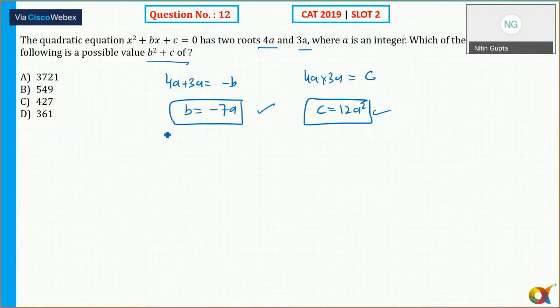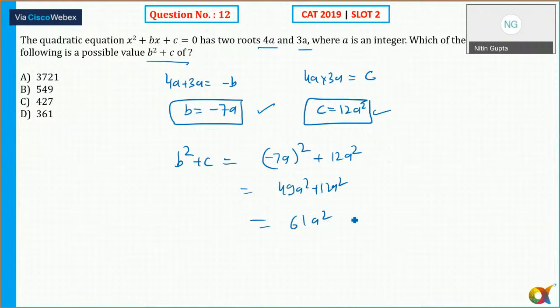Now we need to find out the value of b square plus c. So this is equal to minus 7a whole square plus c, which is equal to 12a square. Remember, a is an integer. So I'll get 49a square plus 12a square, that is 61a square. So we have 4 options, and you can check with the options because it says which of the following is the possible value and a is an integer.